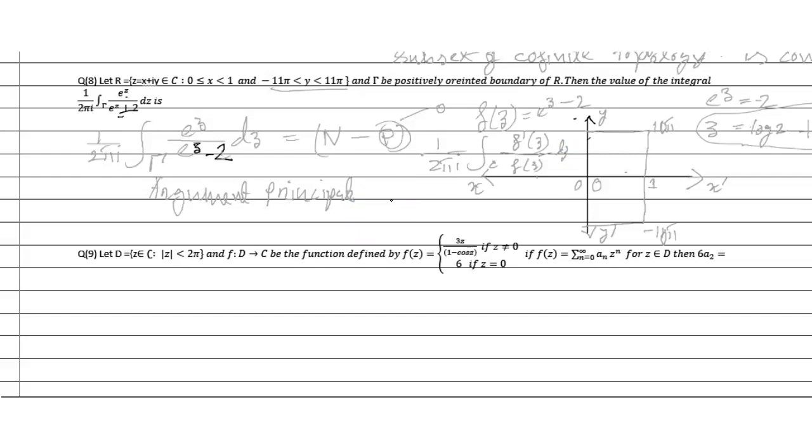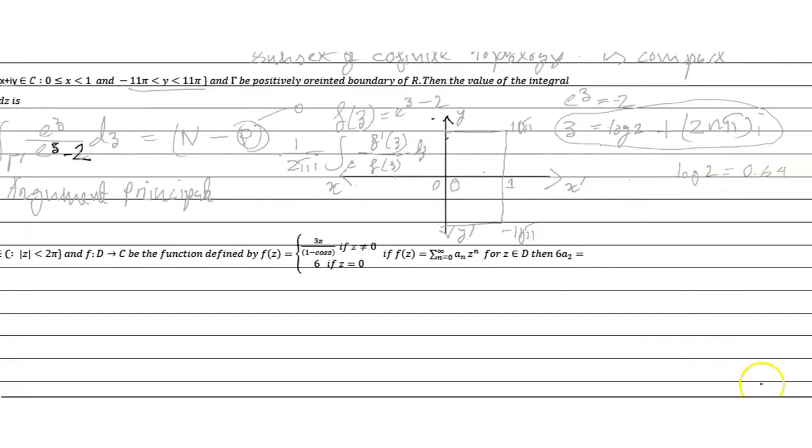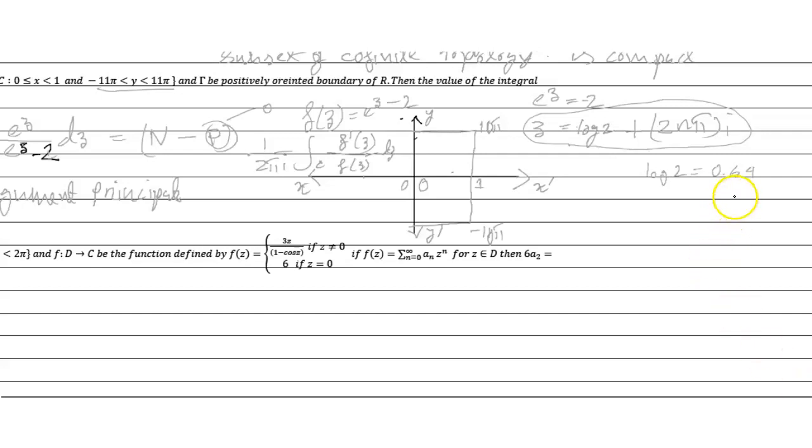So where is the number of zeros? The zeros are at log 2 plus 2n pi i. So 2n pi i means how many points can you get?